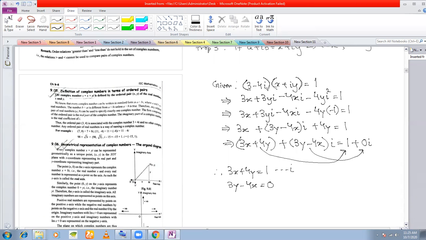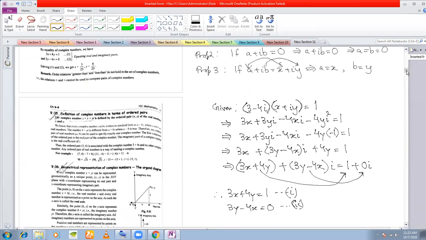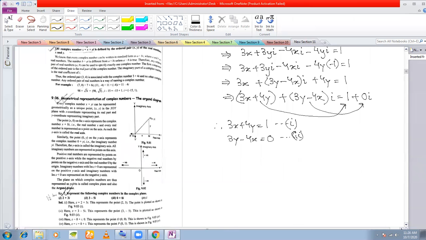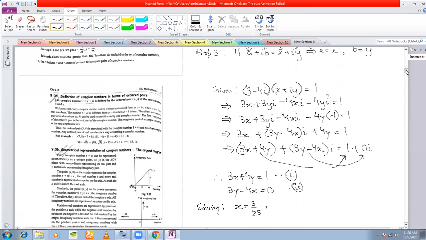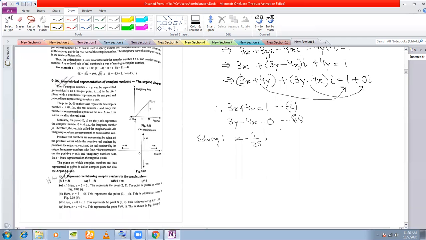So these two are your simultaneous equations, which you can solve to get x is equal to 3 by 25, and you get y is equal to 4 by 25.